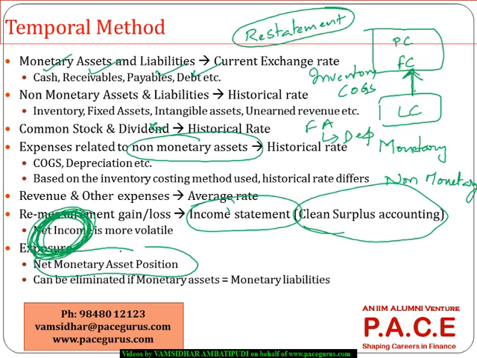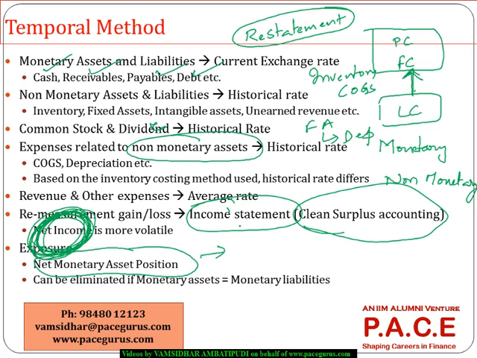And when we come to the exposure part, all the non-monetary assets and liabilities are treated as per the historical rate itself. It means the current fluctuations in the exchange rate don't impact them much. But the exposure actually comes only with the monetary assets and liabilities, because those are the ones we adjust as per the current rate.